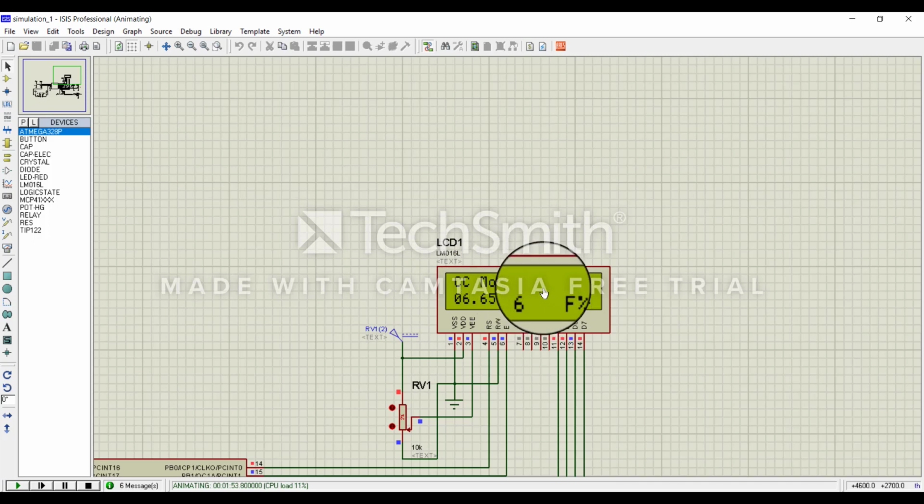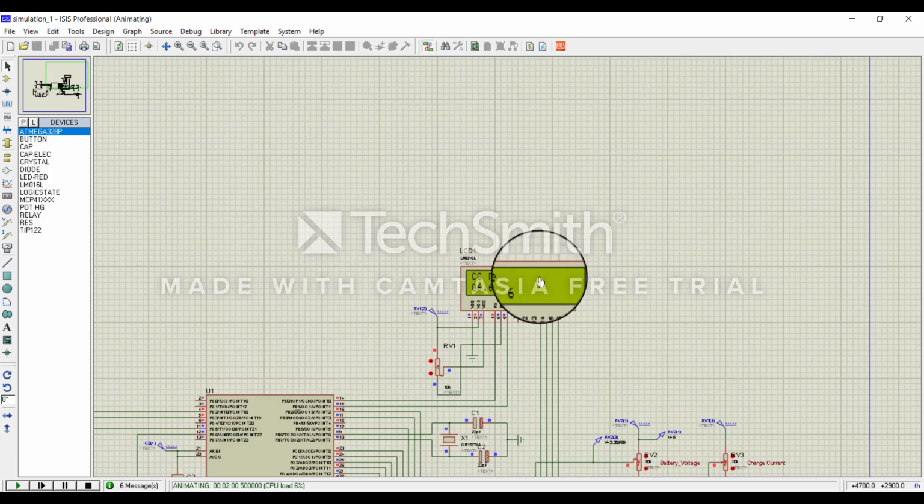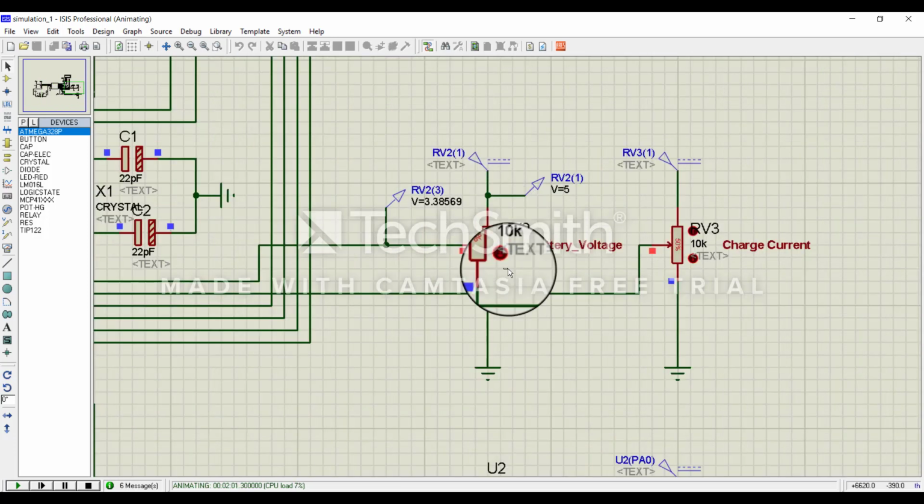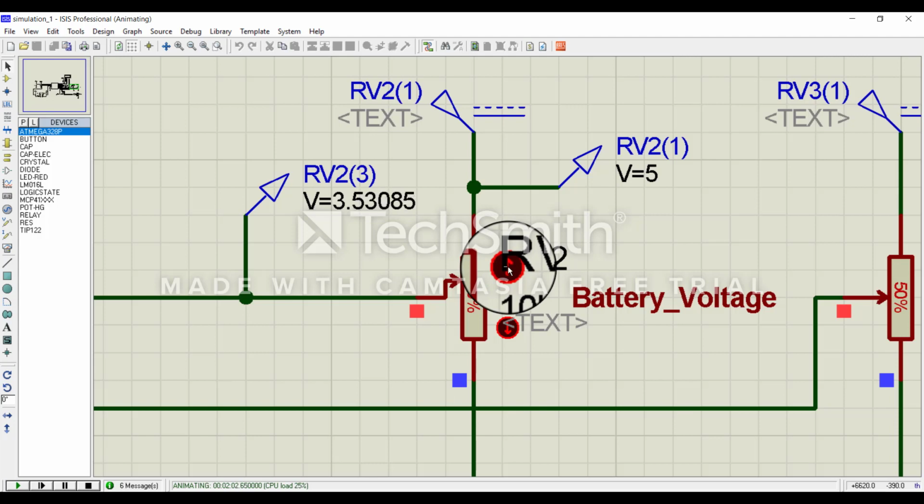Also we are getting the charging current, at which the battery is charging, on the right side at this place.